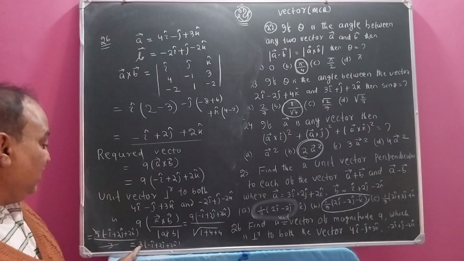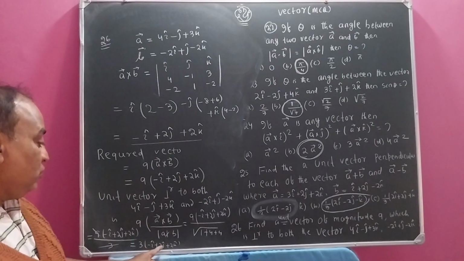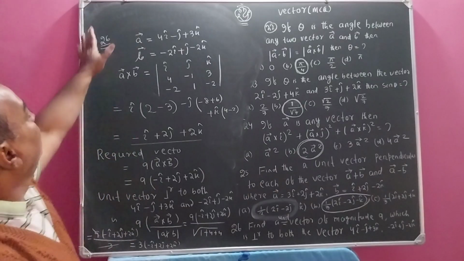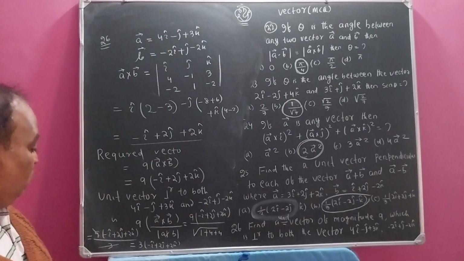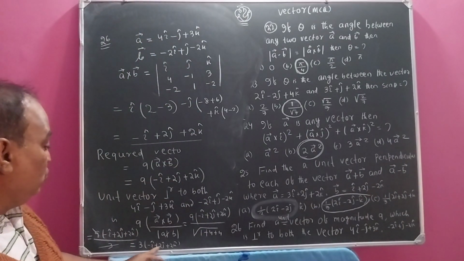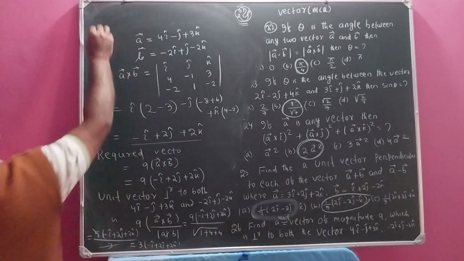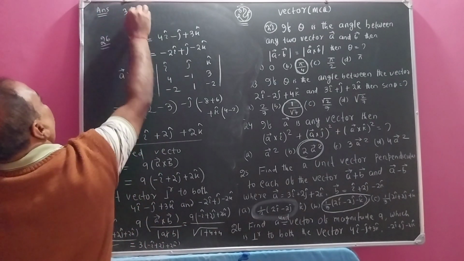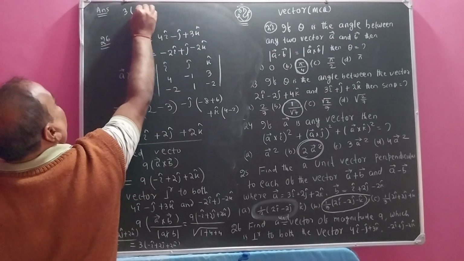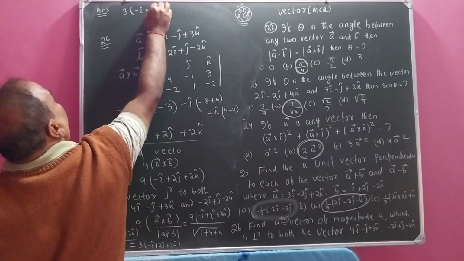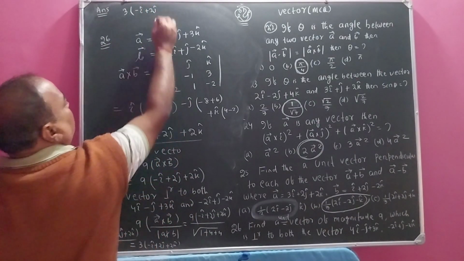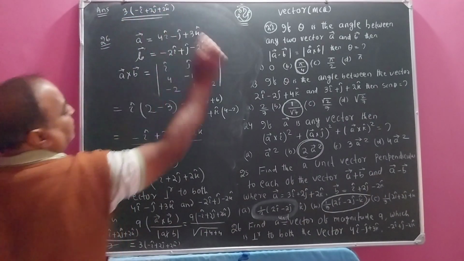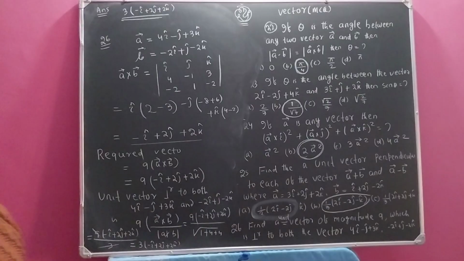So the result is 3 whole into minus I cap plus 2j cap plus 2k cap. Okay, so the choices are deleted, so you have to remember the correct answer. Answer here it is 3 whole into minus I cap plus 2j cap plus 2k cap. Okay, so this is the answer of the last question 26.